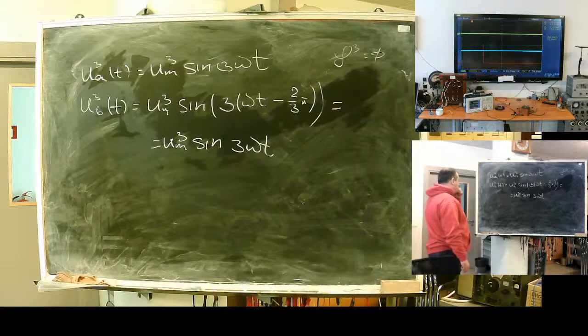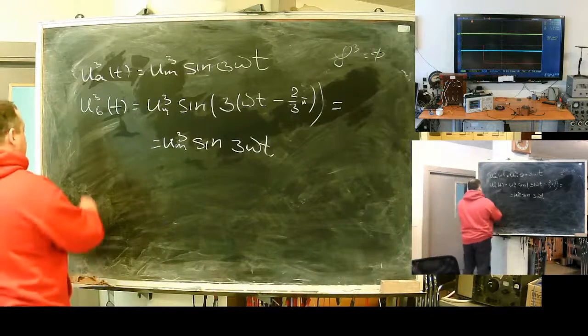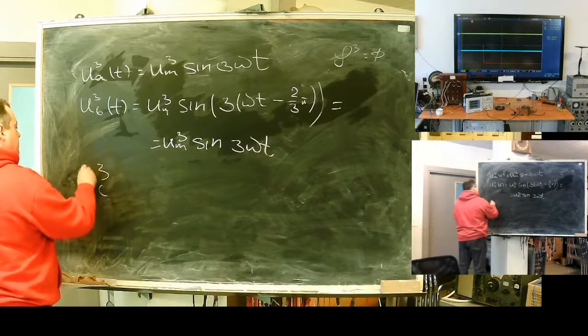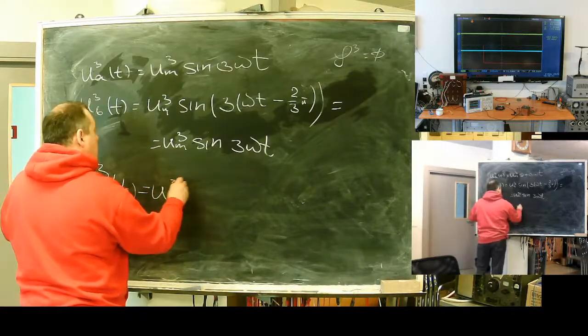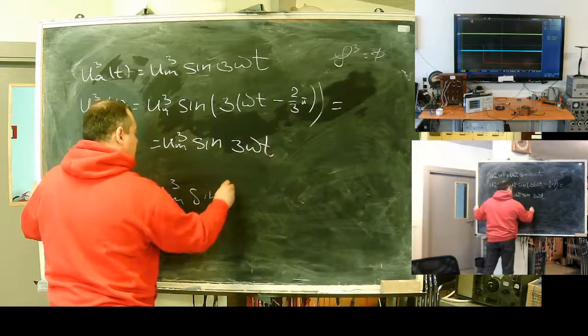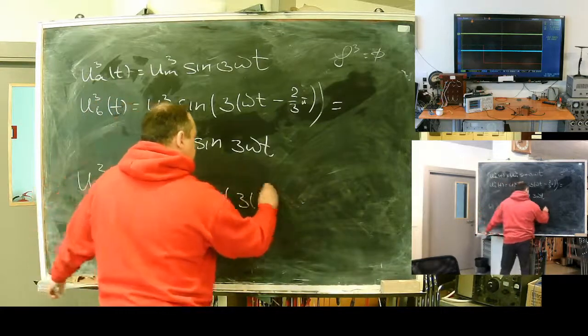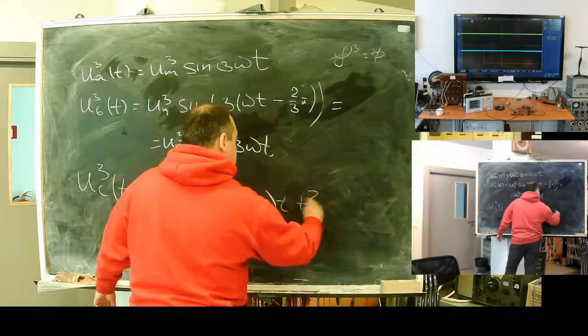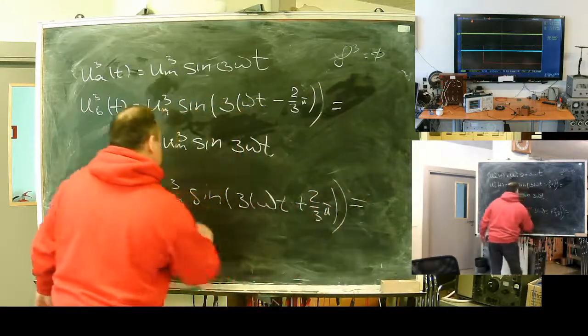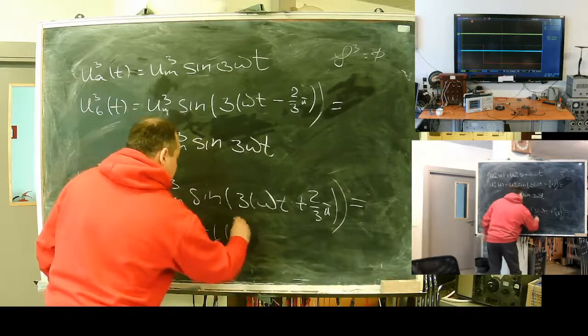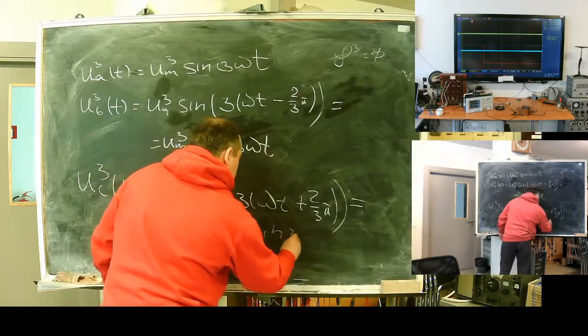Good? Now C will be sine triple omega t plus 2/3 of pi, or equals triple omega t.